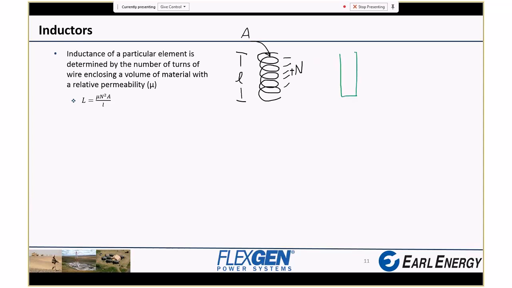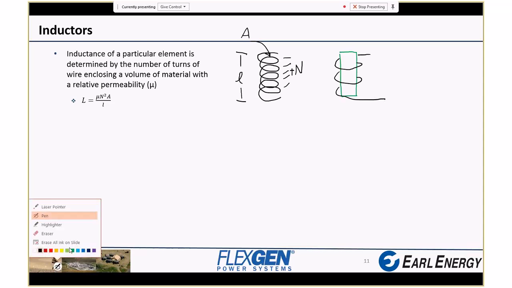If inside this inductor was a magnetic core, made of iron or some other magnetic material, that is what gives rise to mu, the relative permeability of a material. If you increase the relative permeability, you increase the inductance of the inductor.